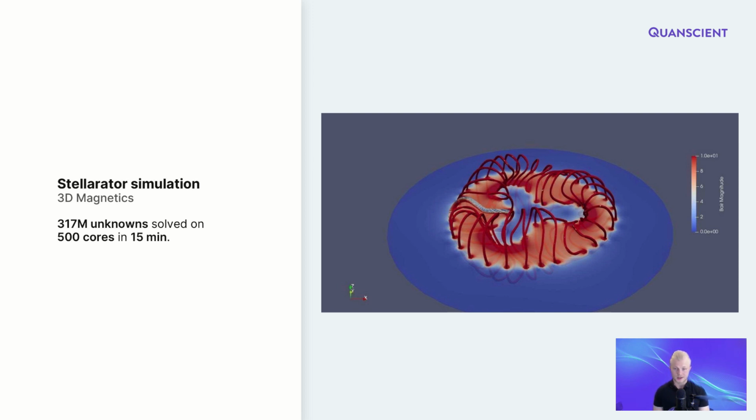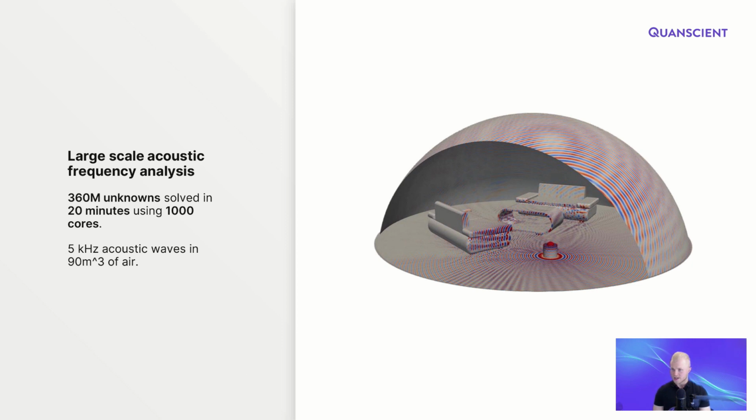So if you're interested in that, you can find it on our website under events. Here's another example on acoustics. This is a 360 million unknown problem that was solved in 20 minutes using 1,000 cores. By the way, we also have an acoustics webinar. So if you're more interested in the specifics of acoustics, again, at quanscient.com/events, you can find our acoustics webinar.